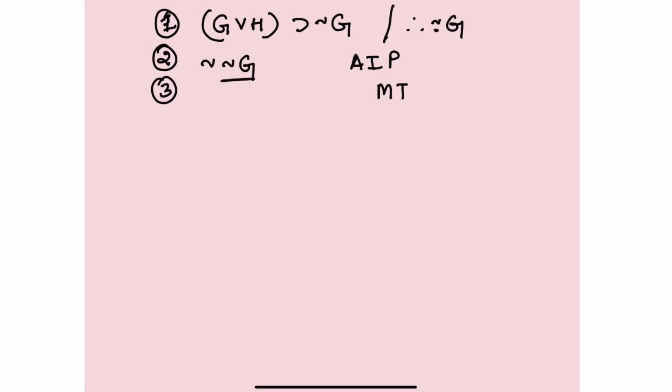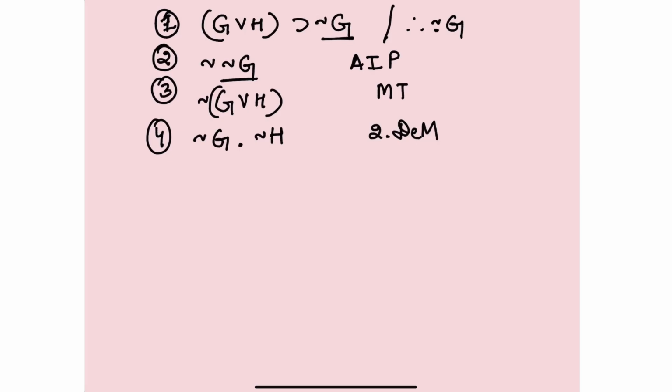So if you see this, and negation G we already have, then modus tollens applies and you get negation of G wedge H. And then again we can use De Morgan to get negation G dot negation of H, meaning in the second you used De Morgan, and after that you can simply write negation of G here.